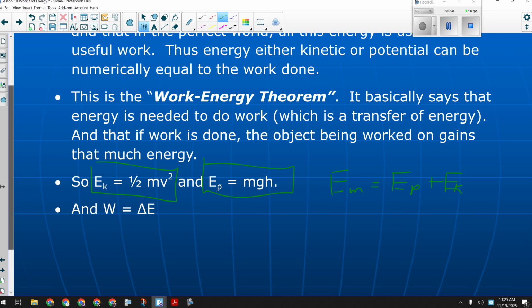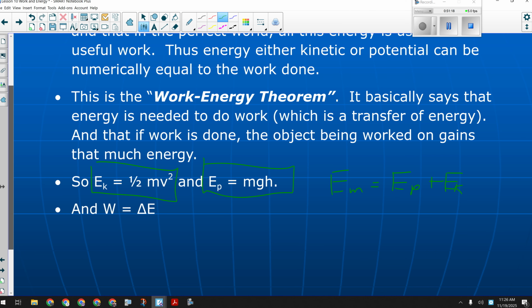And for kinetic energy, your speed can affect your kinetic energy. Speed is scalar, but in the formula, it's squared. That means speed has an exponential relationship with kinetic energy. A 10 kilogram object moving at 2 meters per second versus a 10 kilogram object moving at 4 meters per second doesn't have twice as much energy, it has 4 times as much energy.